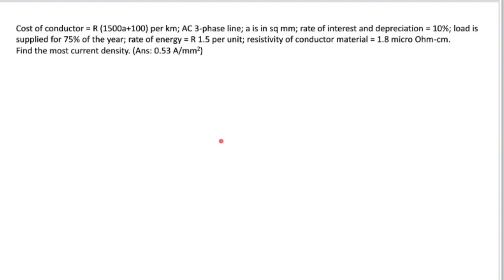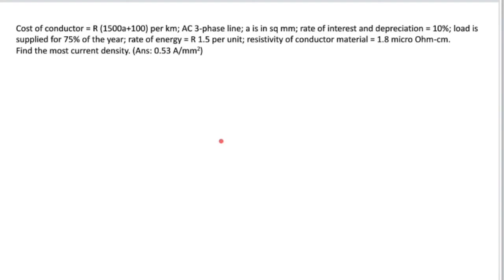Now the next step is to calculate the interest and depreciation. So the interest and depreciation is how much? It's 10%. So interest and depreciation on the cost of conductor is equal to Rand 150A plus 100 times 1, it was for 1 kilometer, times 0.1.